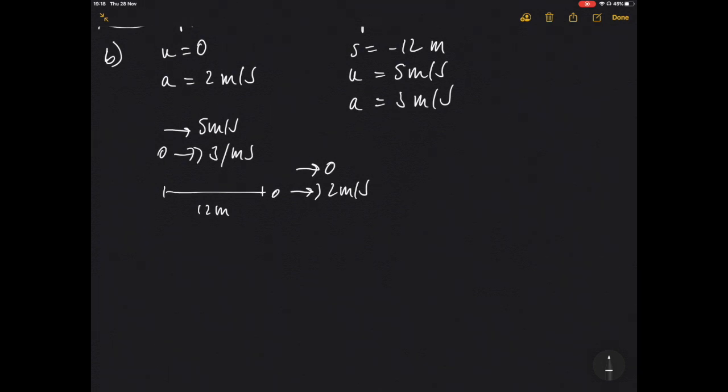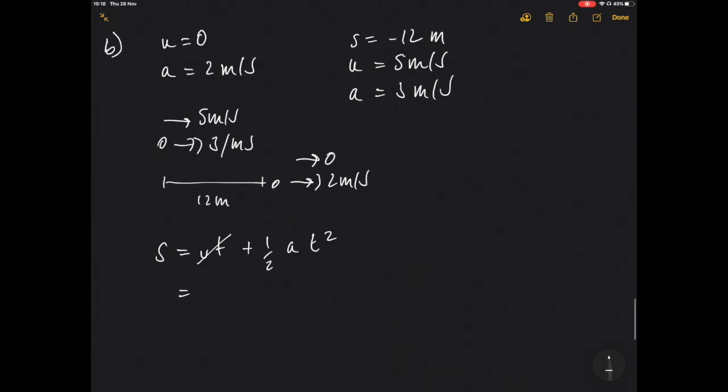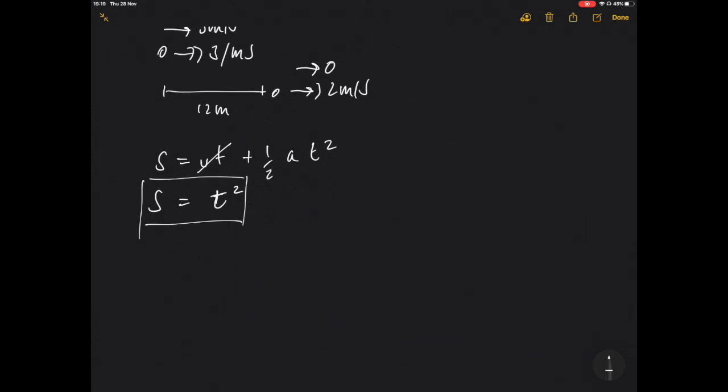That equals 0 times t, plus a half times a, which is 2, so the answer is just t squared. So s equals t squared. We've simplified this quite nicely. We know the distance where they're separated equals 12 meters, so 12 equals t squared.